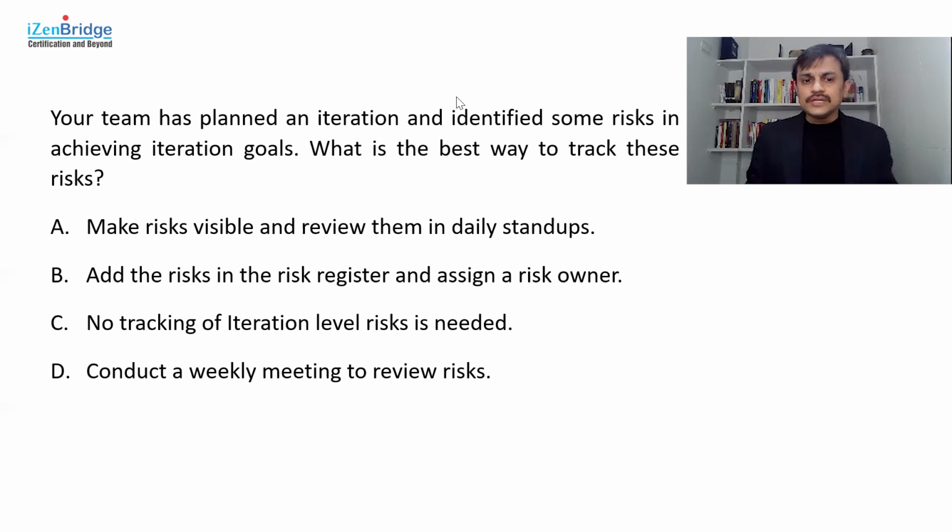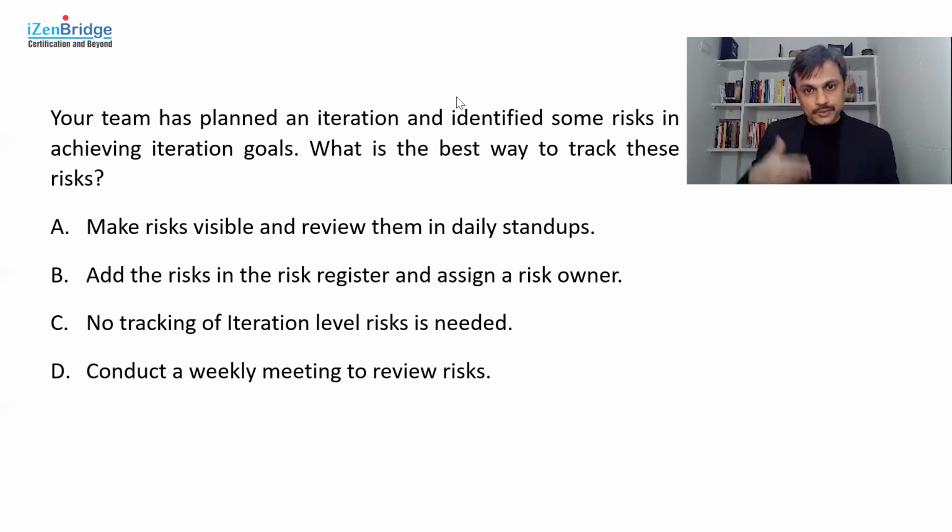Conducting a weekly review meeting to review the risks. We already have a sufficient number of meetings built into the system when we work in the agile way. Adding another meeting is possible, but for that you need solid reasons.